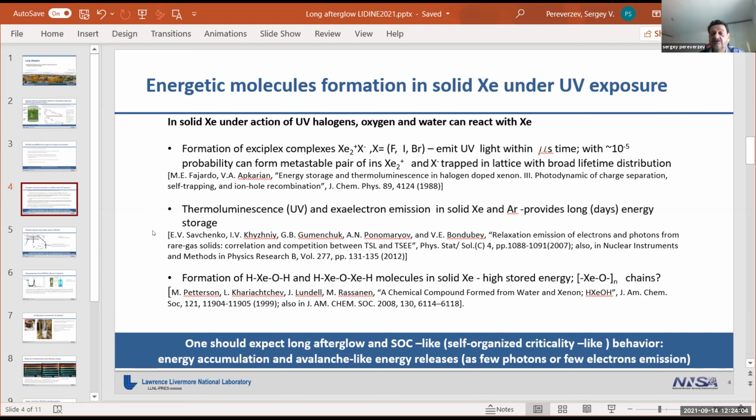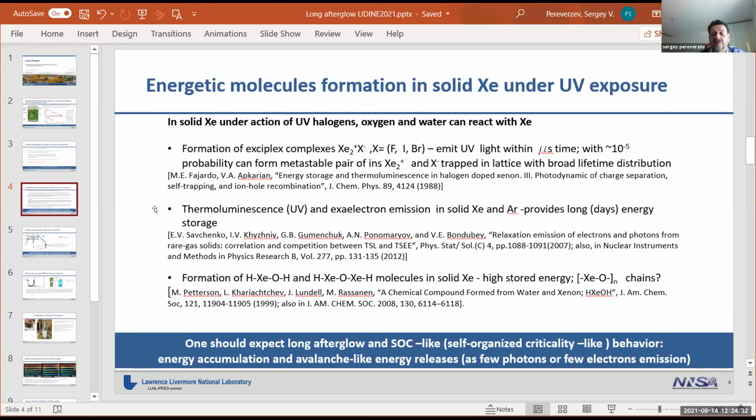So in solid xenon, in the presence of halogens, by the action of UV light, or actually by the action of any radiation, you can produce objects, a short-living molecule made of 2 xenon atoms.